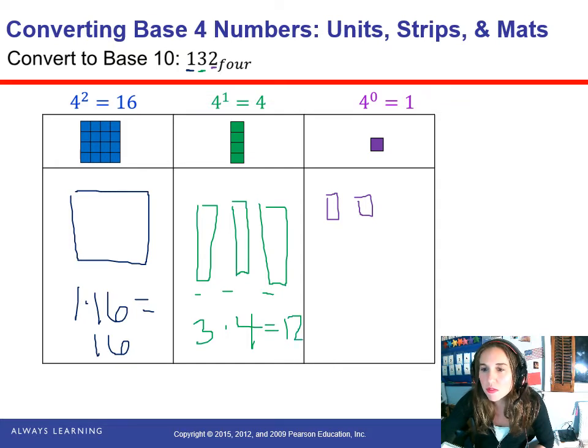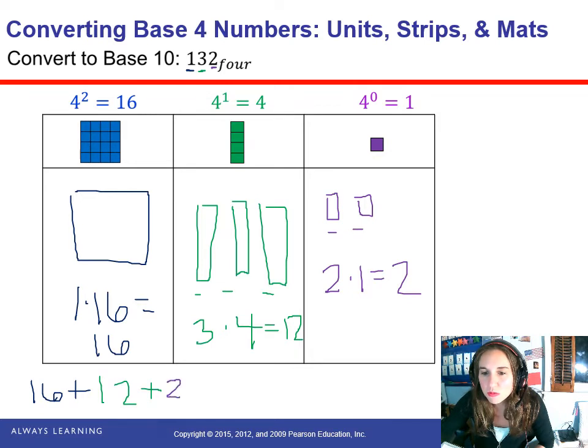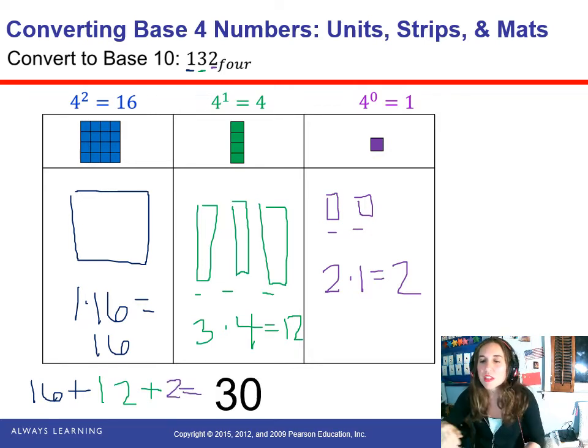And then if I move over again, I see I have 1, 2 of these, so that's 2 times the value of 1, which is just 2. And then if I add up 16 plus 12 plus 2, what do I get? I get a value of 30. Okay, so 132 base 4 is 30 in base 10.